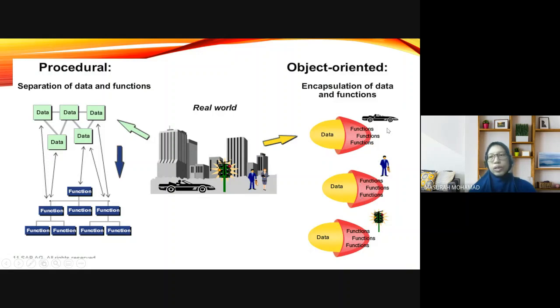For example, here, let's say car is a data. It has its own functions and also its properties. The same goes for human and traffic light.